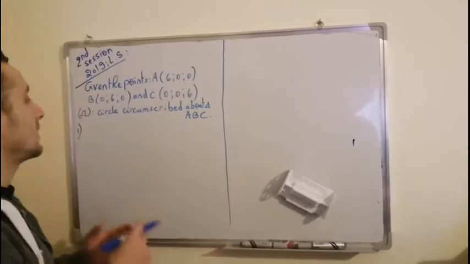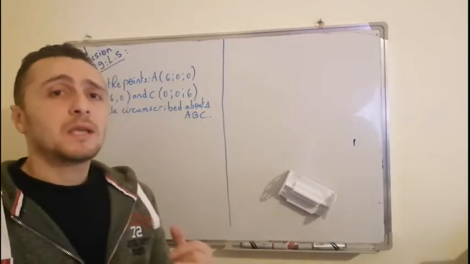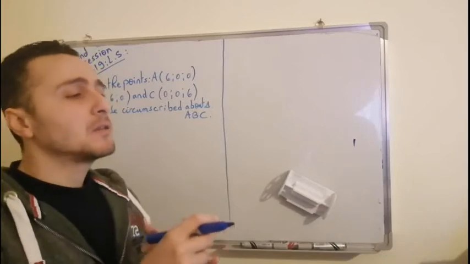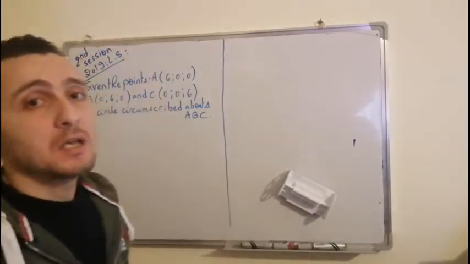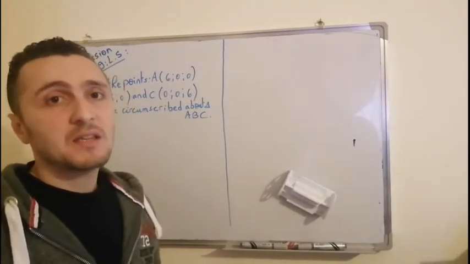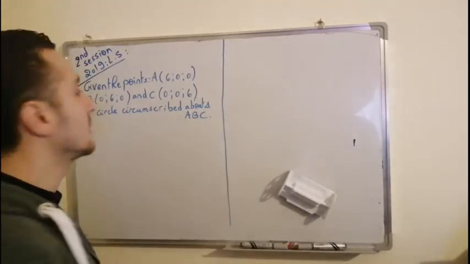To prove that the triangle ABC is equilateral, we have to calculate the lengths of AB, AC, and BC. How can we calculate the lengths of each side? We can find the coordinates of each vector and apply the rule of the lengths.